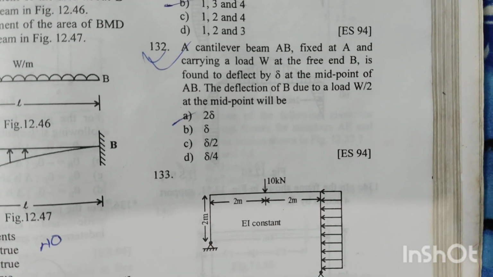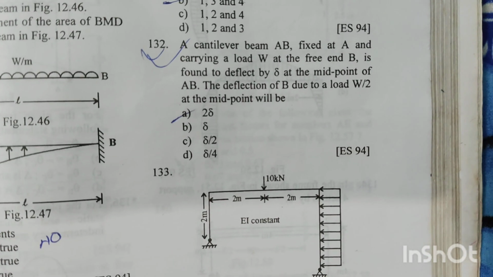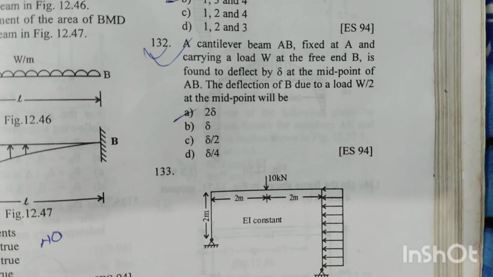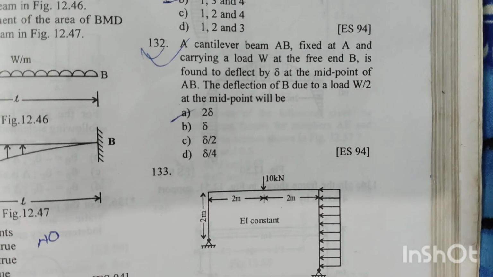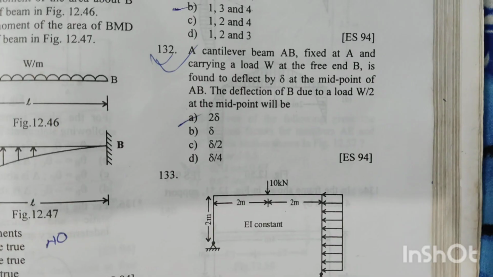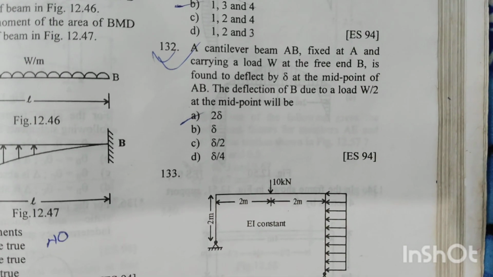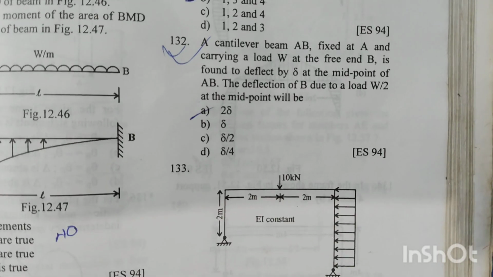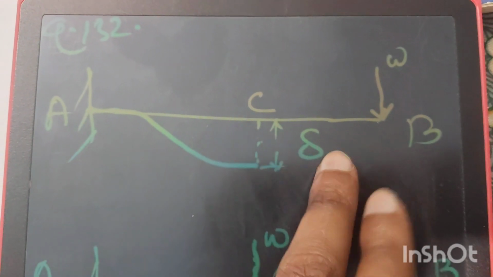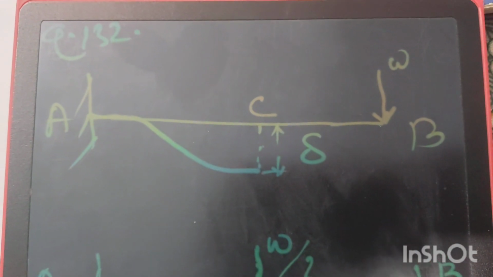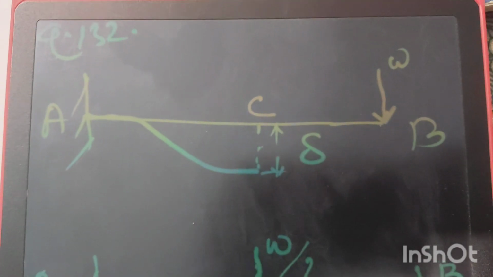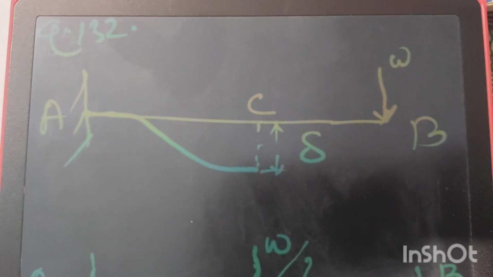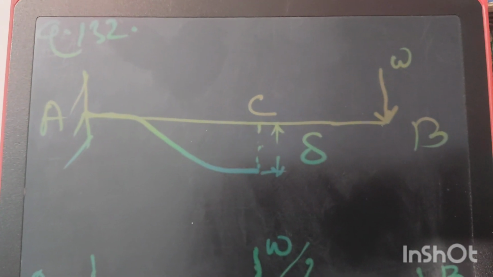Question number 132. A cantilever beam AB fixed at A and carrying a load W at the free end B is found to deflect by del at the midpoint of AB. The deflection of B due to a load of W by 2 at the midpoint will be? So this is our cantilever beam AB subjected to a point load W at the free end, and by this point load the deflection at the midspan is del.